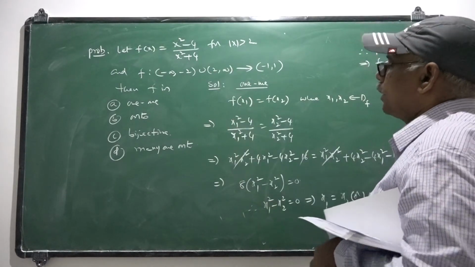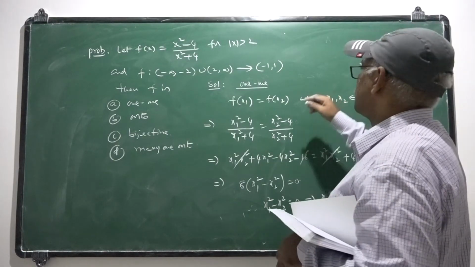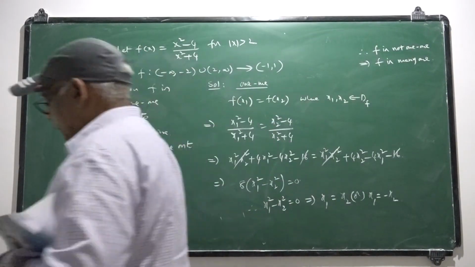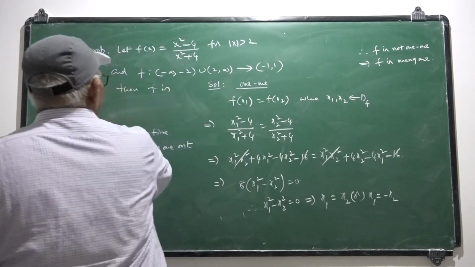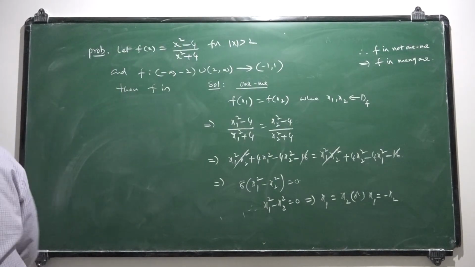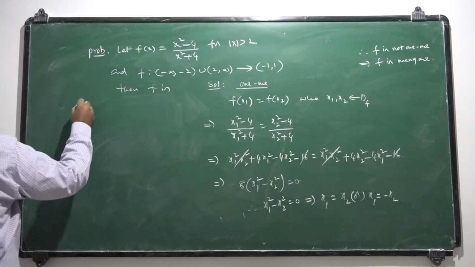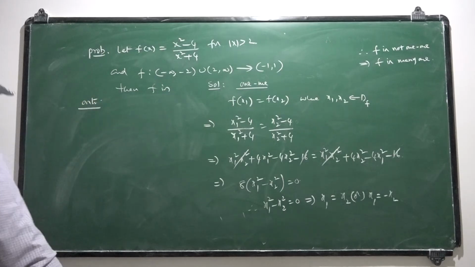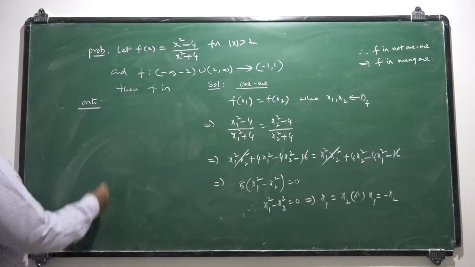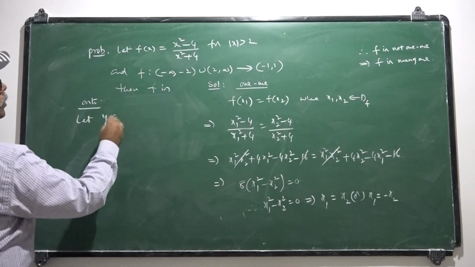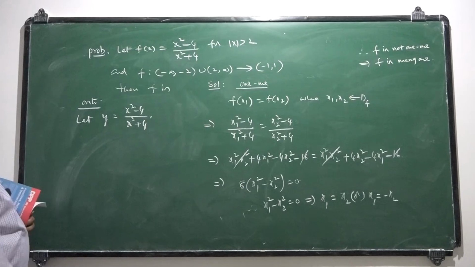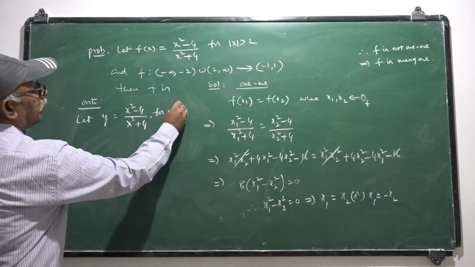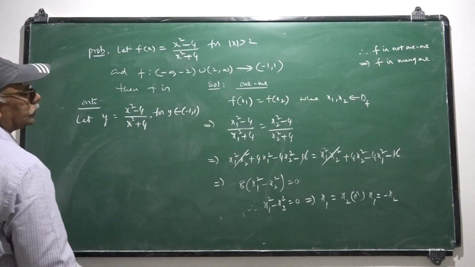So whether it is onto or not, let us check. To check the onto nature of the function, let y equal to (x square minus 4) by (x square plus 4), where y belongs to (minus 1, 1).